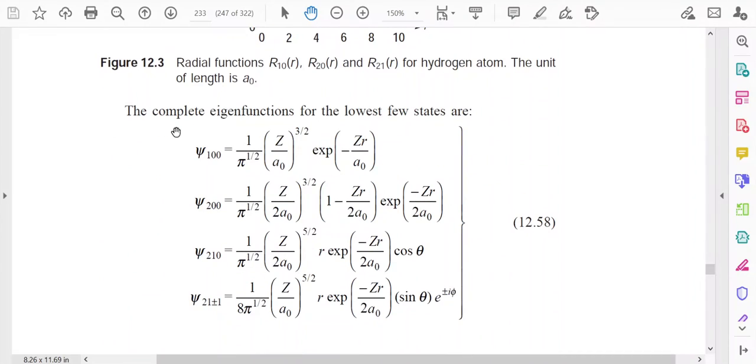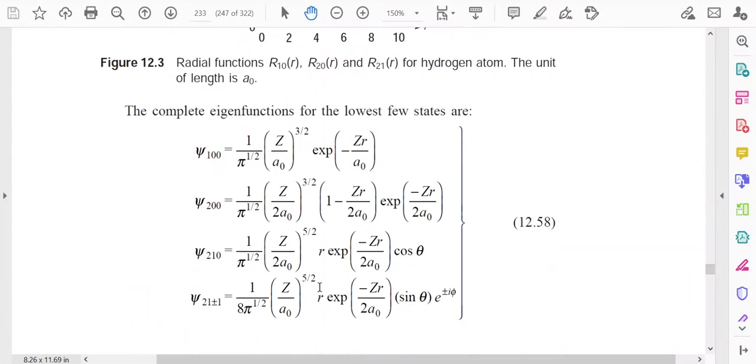If you see the complete wave function, combining both the radial and angular parts, the structure of the wave function will be like this. For example, this is psi 100, this is psi 200, and so on. So this is the complete eigenfunction for the lowest few states.